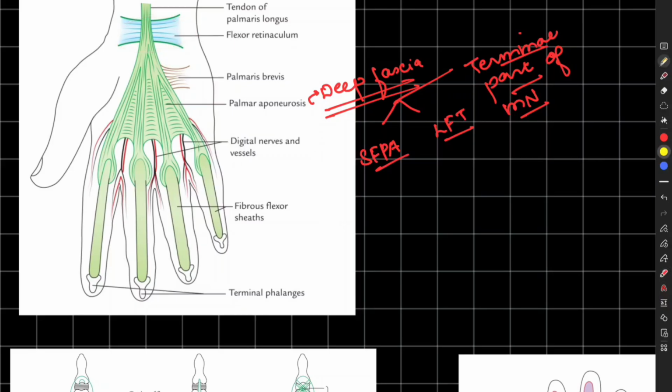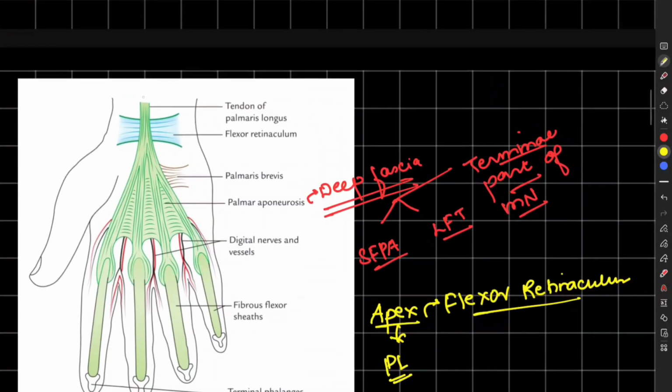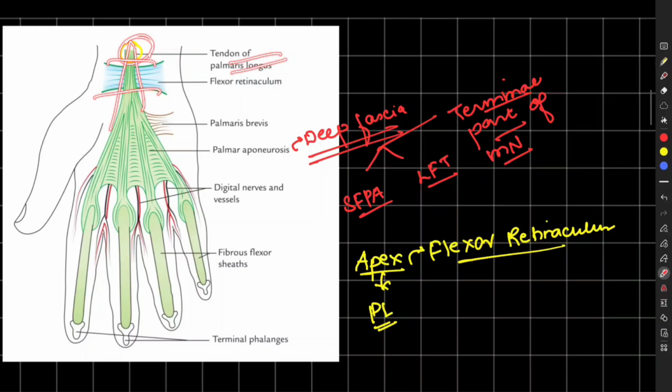I have already included all these points in the notes. The apex blends with the flexor retinaculum, which we covered in the previous video. And the apex is continuous with the tendon of the palmaris longus. You can see it nicely here in the image that the apex is continuous with the tendon of the palmaris longus. So the apex is proximal, blends with the flexor retinaculum, and is continuous with the tendon of the palmaris longus.